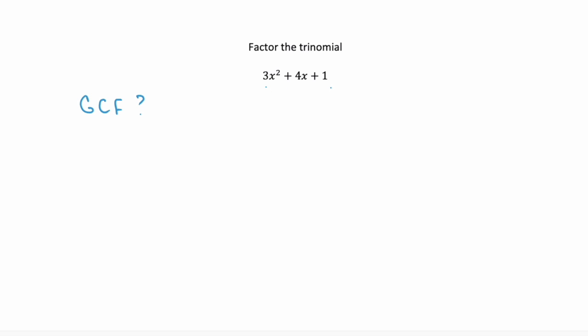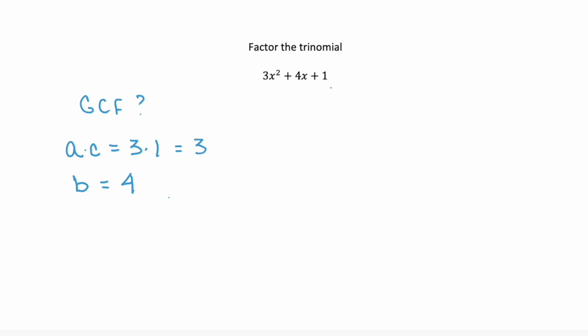Now, because we have a leading coefficient that isn't 1, it's a 3, we need to use the key number method to factor, which means you take the coefficients A and C, which here are 3 times 1, and the coefficient of B, which is 4, and we use those values to find our factors.